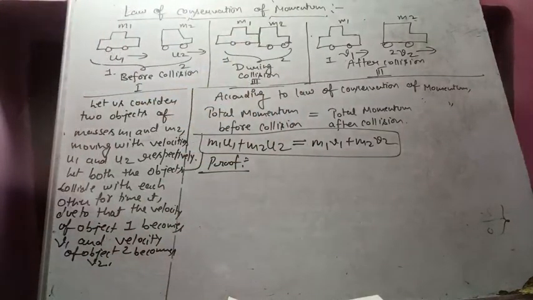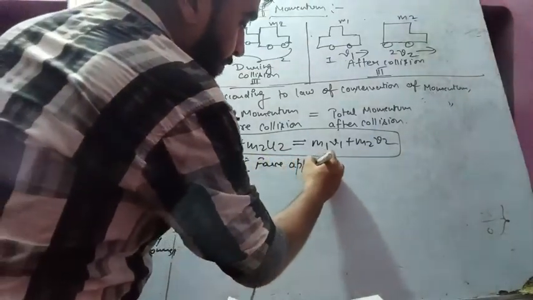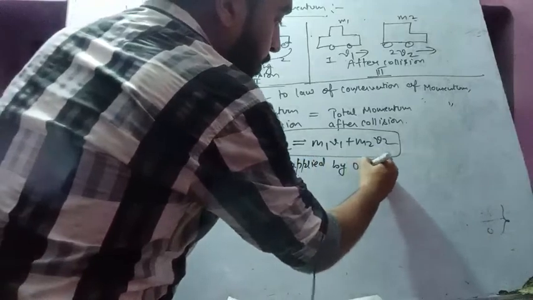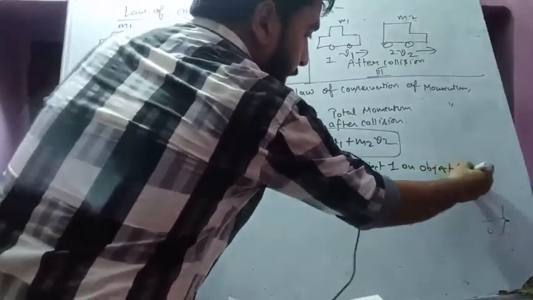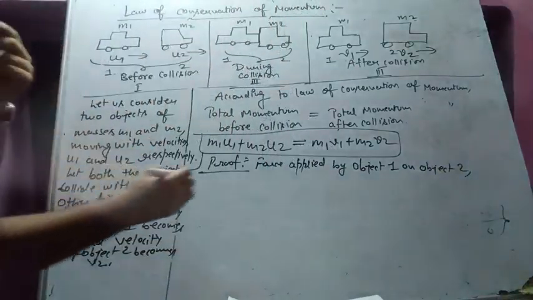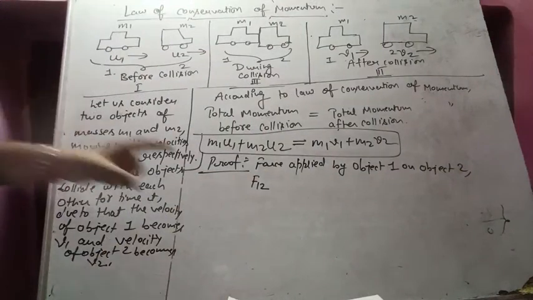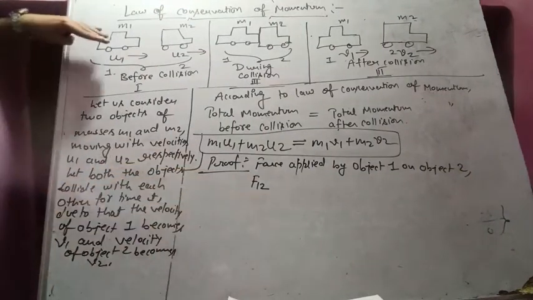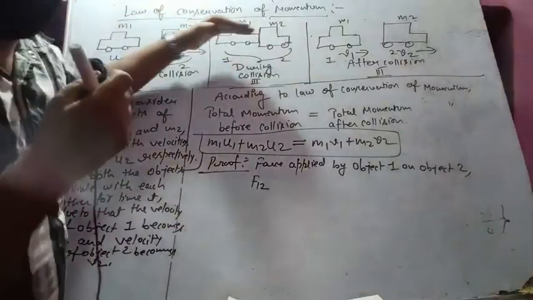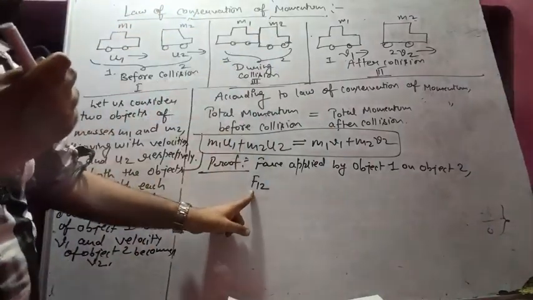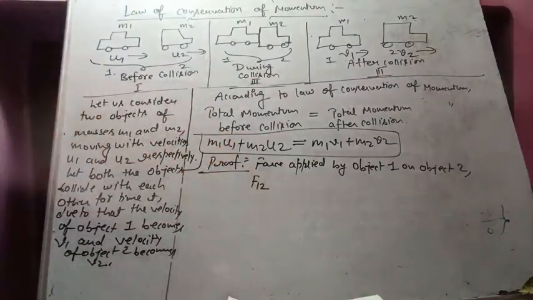So let us calculate the force applied by object 1 on object 2. We can write it as F12. One car is going, another is going, both collide, so 1 will apply a force on 2. I have written the source as 1, and who is facing the force? 2. So F12 is the force.